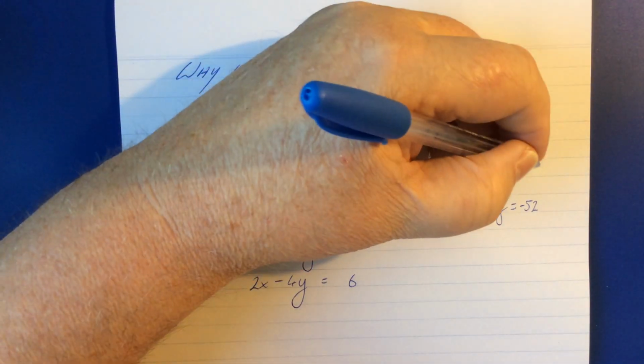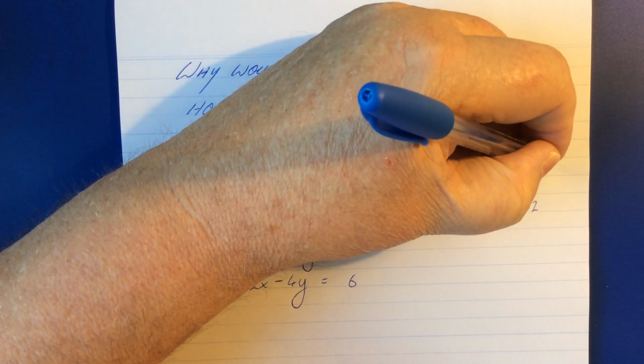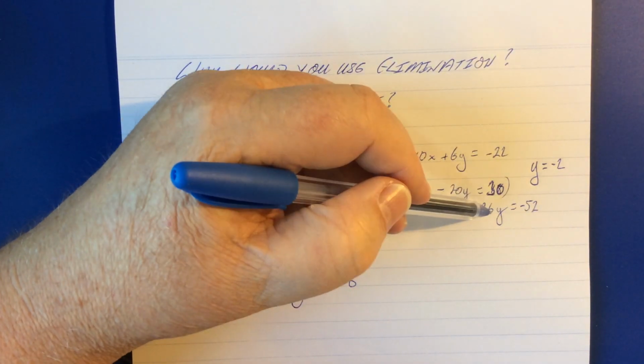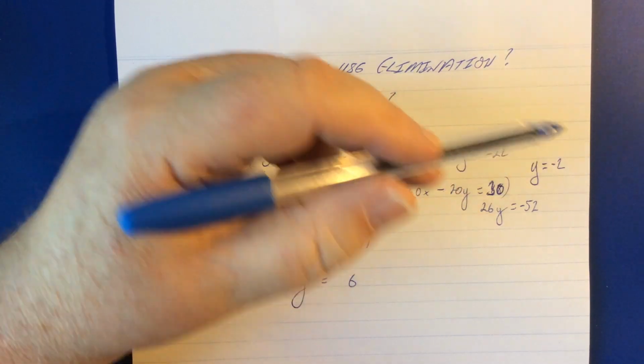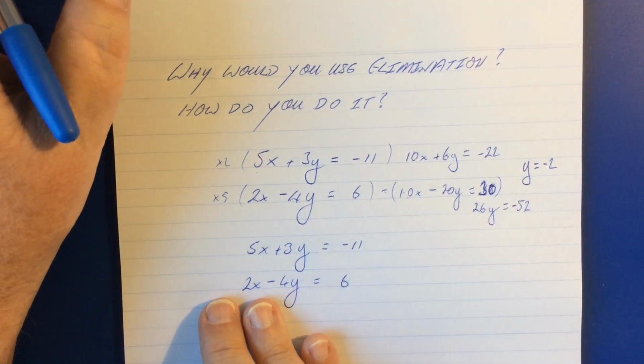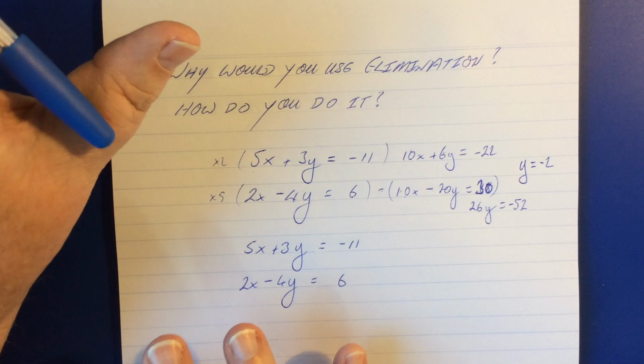Now it's getting a little cramped here, but you can see from this that y is going to equal negative 2. Why? Because y is going to equal negative 52 divided by 26, which is negative 2. Okay, now that's one way of using elimination to solve this.